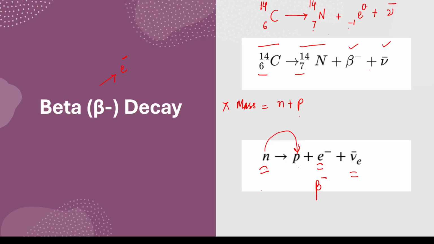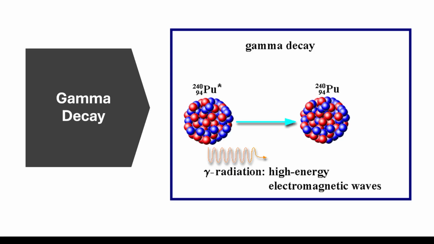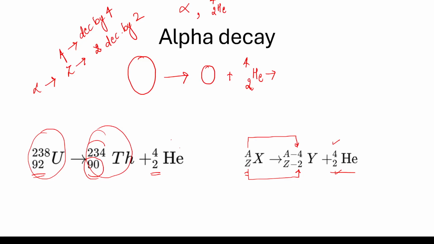Now the exam boards are only expecting you to remember what happens in beta minus, beta plus, and alpha decay: what happens to the mass number, what happens to the atomic number, and why that happens. Now the gamma decay happens whenever, let me just go back. Here.